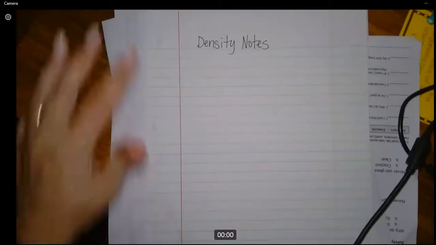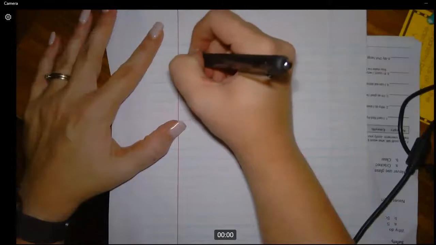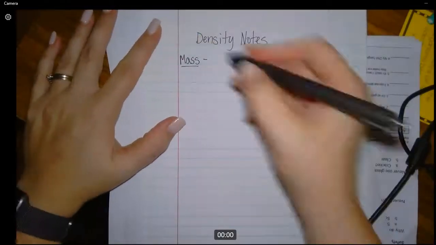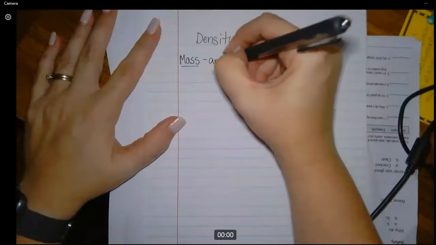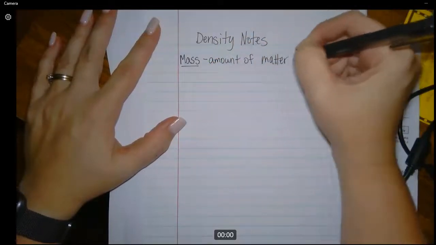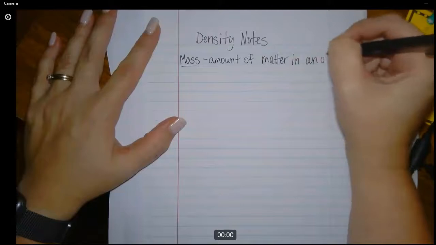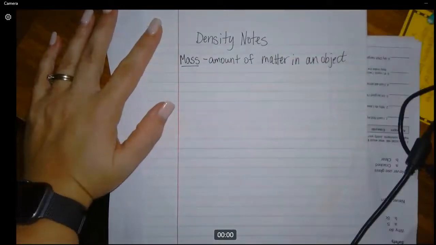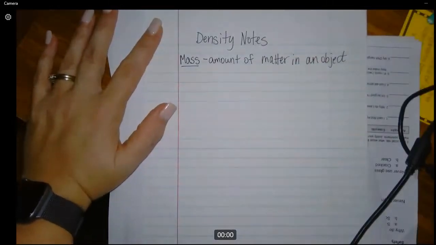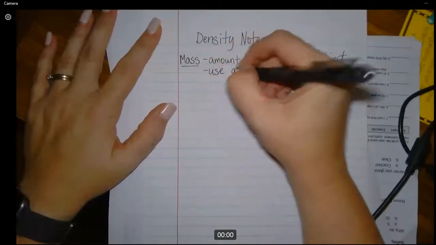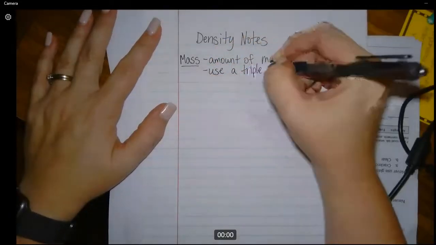In order to do density, there's two things you have to know. The first one is mass. Mass is the amount of matter in an object. Now, for us to find mass, we use a triple beam balance.